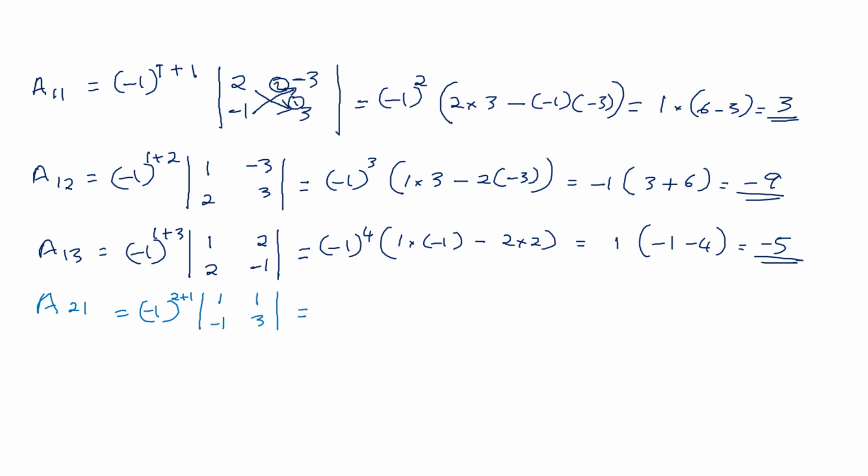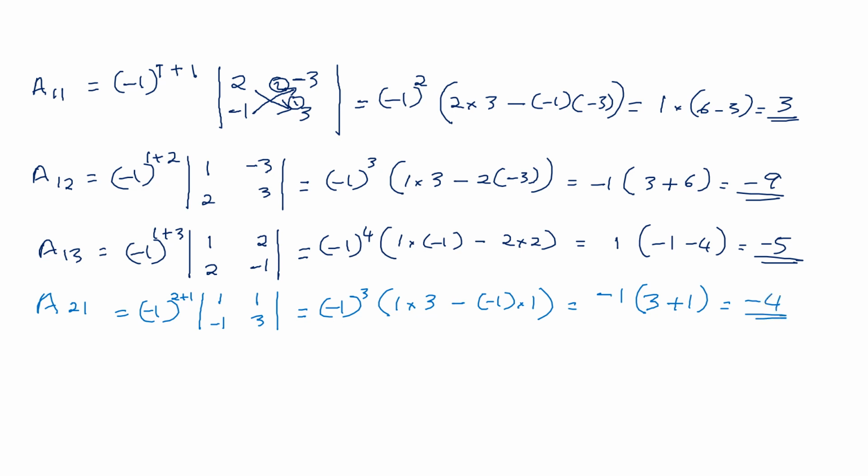That is minus 1 to the power 3 into 1 into 3 minus of minus 1 into 1, that is minus 1 into 3 plus 1, that is minus 4.